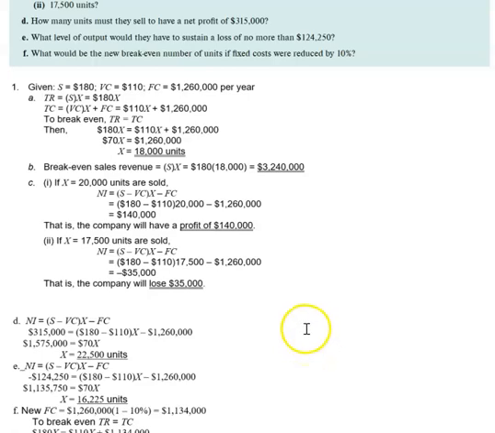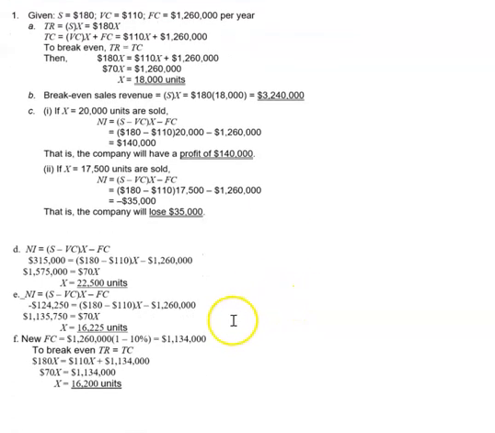D, how many units must we sell to have a net income of 315,000? So again, we're going to use net income equals S minus VC times x minus fixed costs. So we want the net income to equal 315,000. We know that S minus VC is 180 minus 110, which would give us 70x minus 1.26 million.